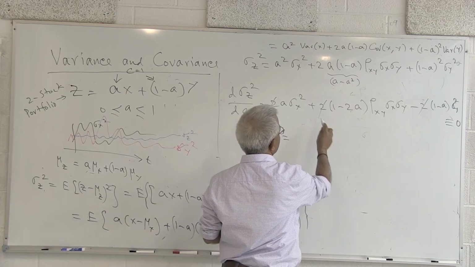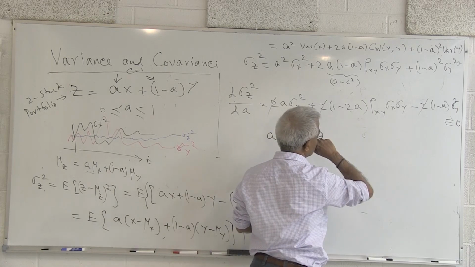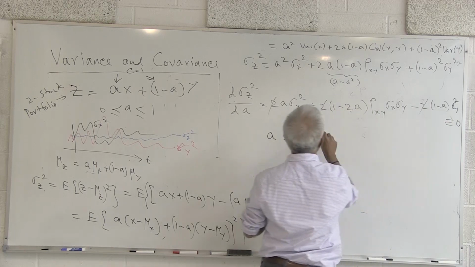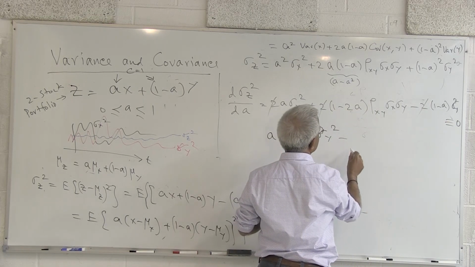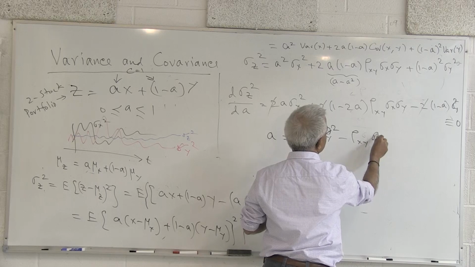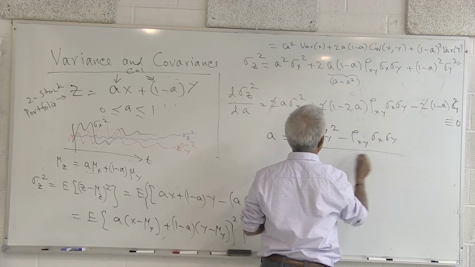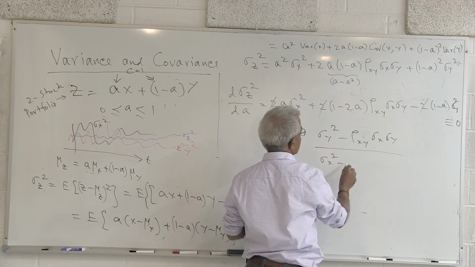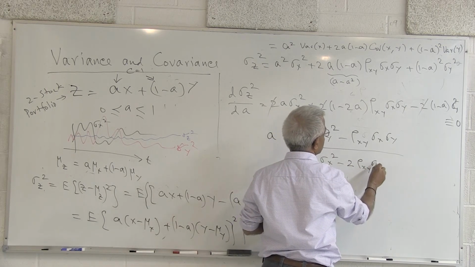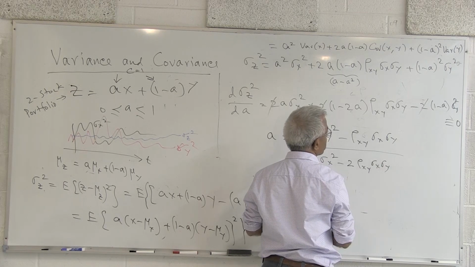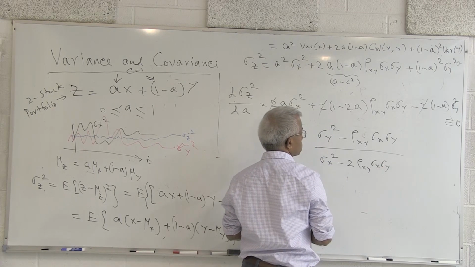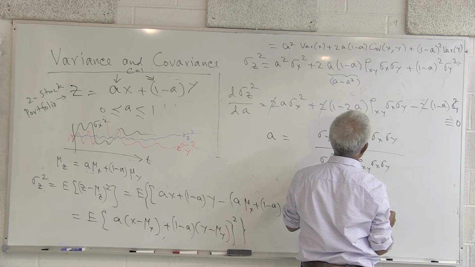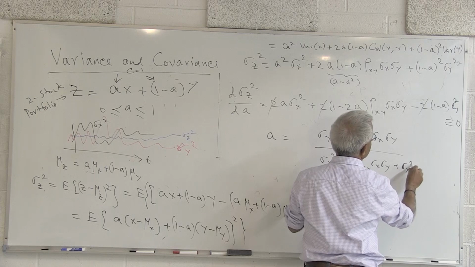All right, so the constant terms go to the other side. So A equals sigma y squared minus rho xy sigma x sigma y, over sigma x squared minus 2 rho xy sigma x sigma y plus sigma y squared from here.